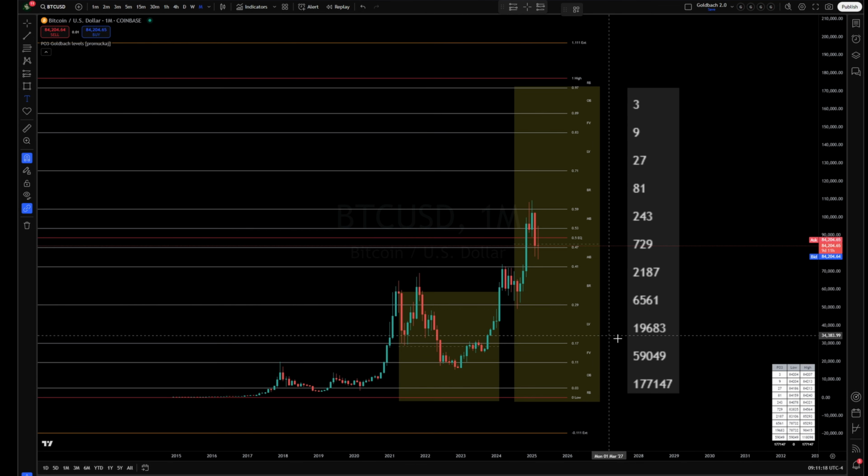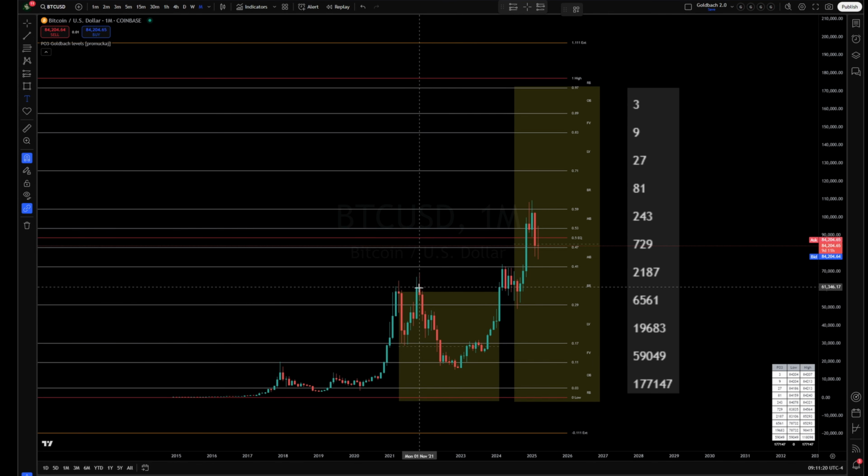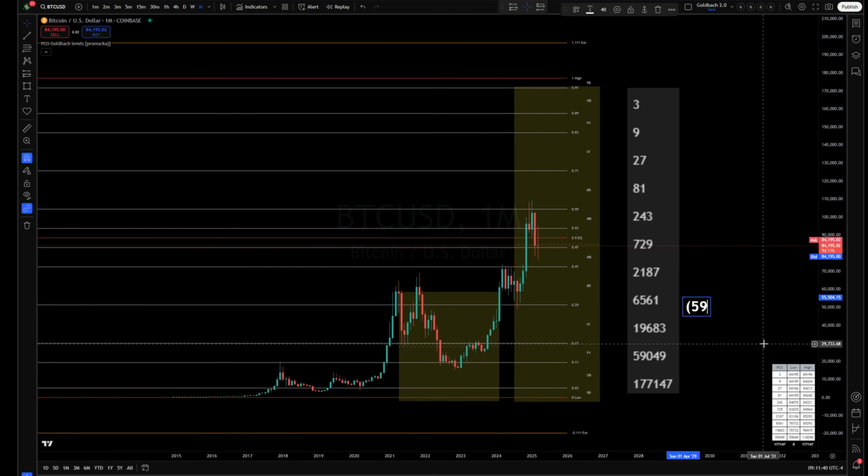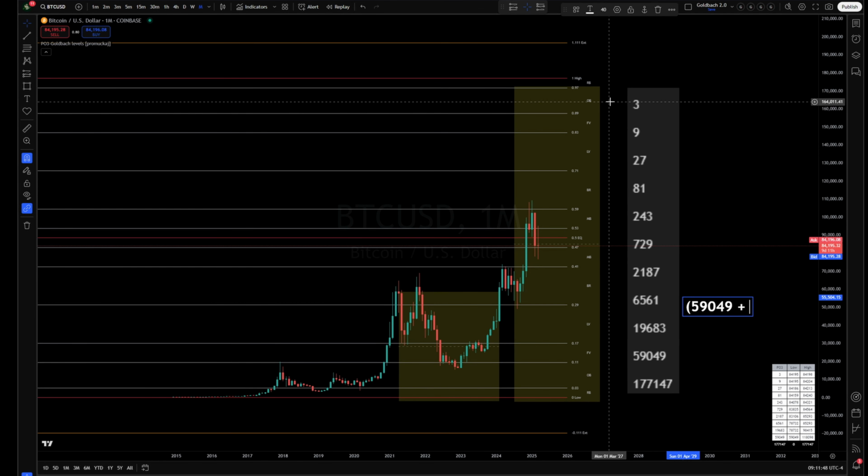The dealing range we've come out of is the 59,000 dealing range. We are heading towards the 177,000. So how do we calculate what the intermediary dealing range is? We get the old dealing range, 59,049. We add the next dealing range, which we are expanding to, 177,147.